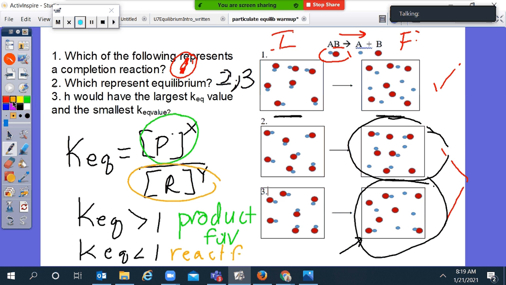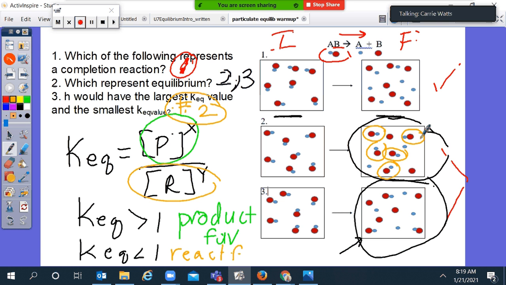The answer would be number 2. I keep thinking of the combined one as my product, that's why I keep misspeaking. But I have more reactant here than product, so number 2 would have the smallest K value.